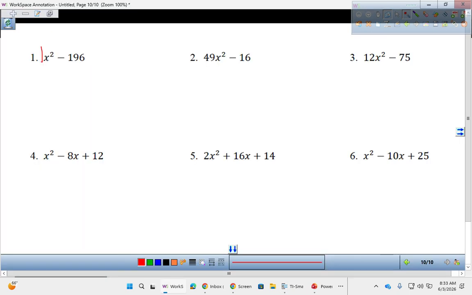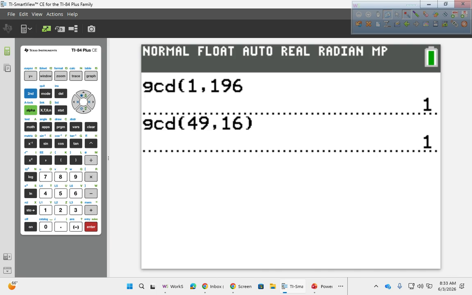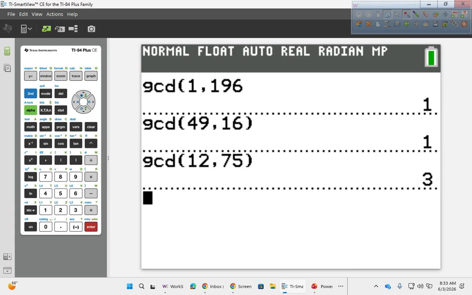All right, let's look at number 3. Is there a variable GCF? No. The first term has an x and the second term doesn't. So let's see if there's a GCF between 12 and 75. There is a GCF between 12 and 75.